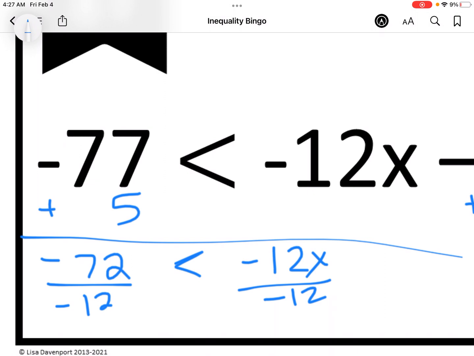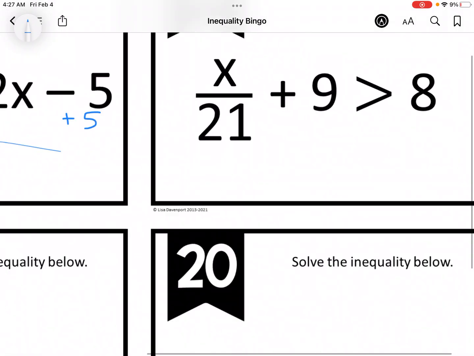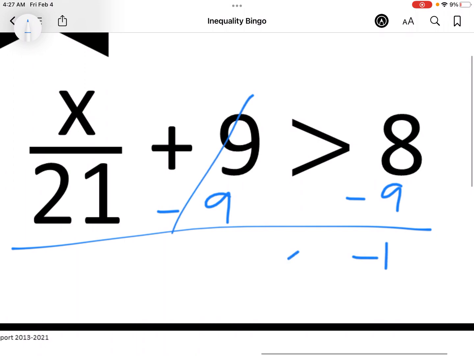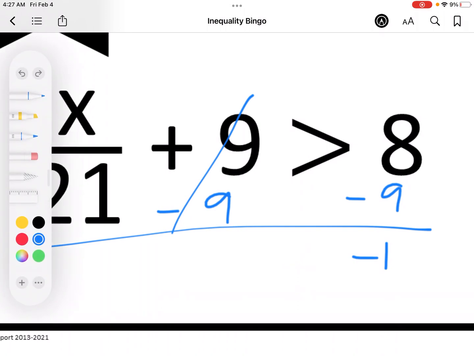So when I divide by that negative 12, I have to reverse the inequality. Why did I do that? I'm on the struggle bus this morning, y'all.